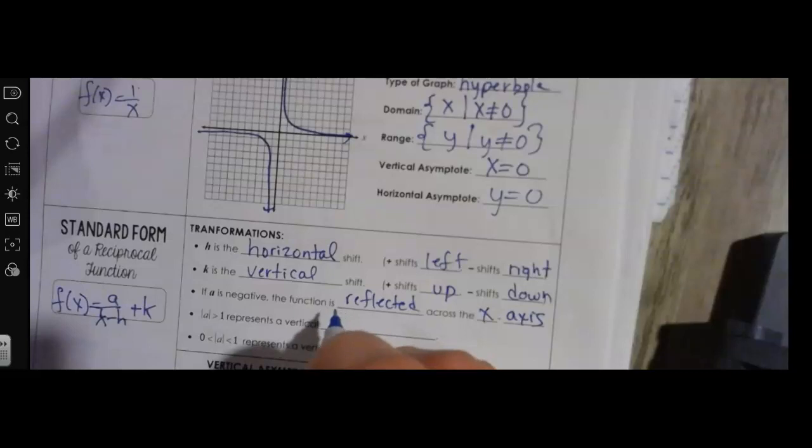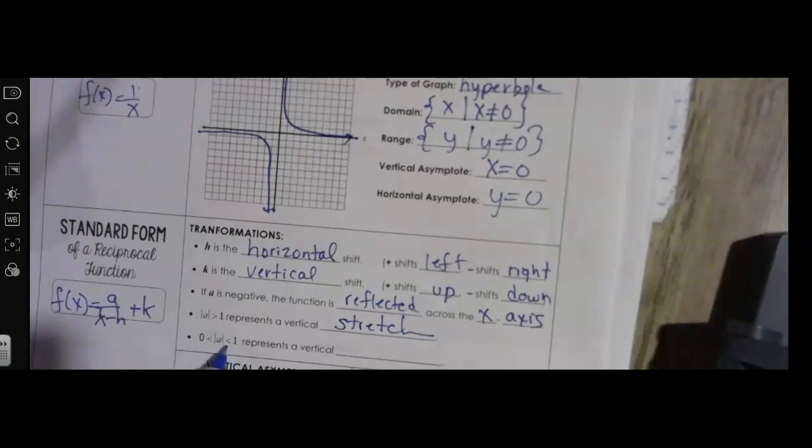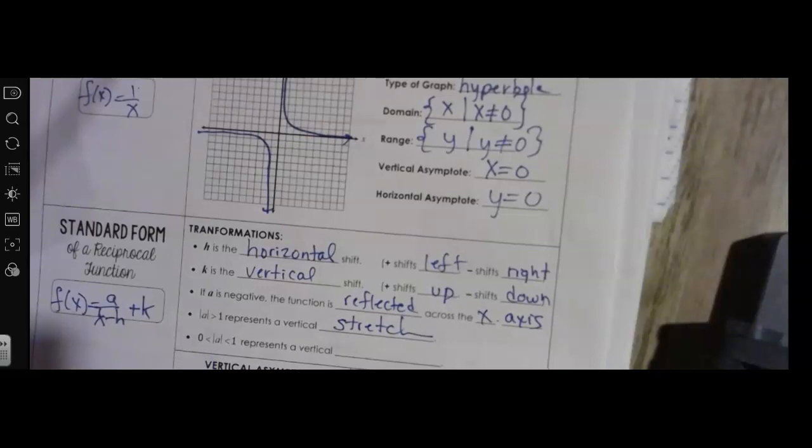So that means it's going to get more narrow. And if the absolute value of a is less than 1, that's going to be called a compression, or a shrink.